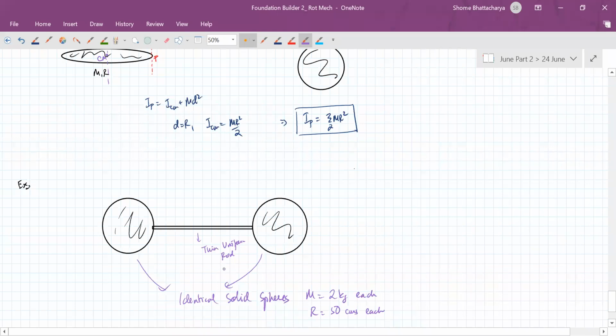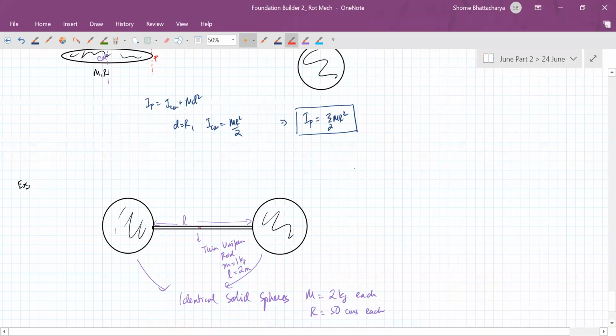Now this has mass equal to 1 kg and a length equal to, let us say, 2 meters. Now the length is from circumference to circumference, so this thing is the length, not from center to center.